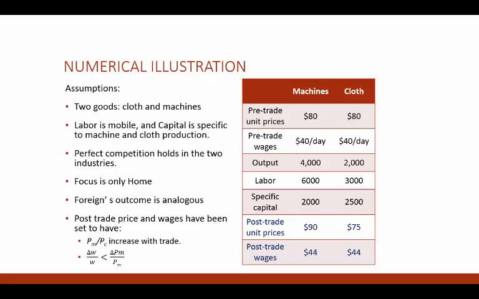We also assume there is comparative advantage in machine production, so that with trade, the relative price of machines rises, and the percent change in the price of machines exceeds the resulting percent change in wages.